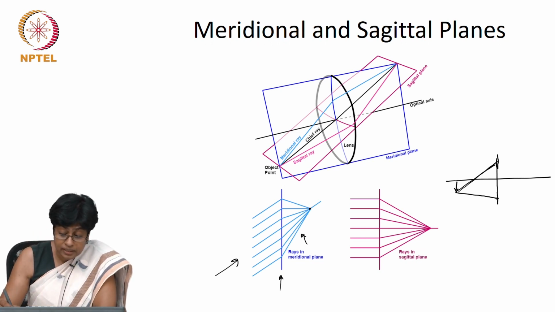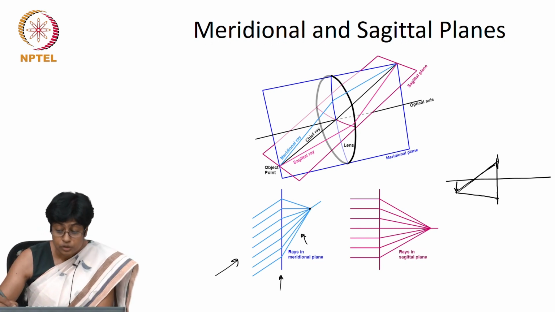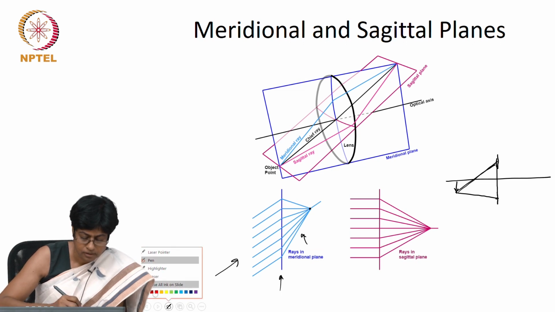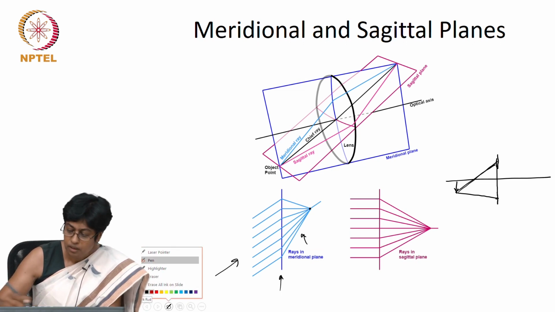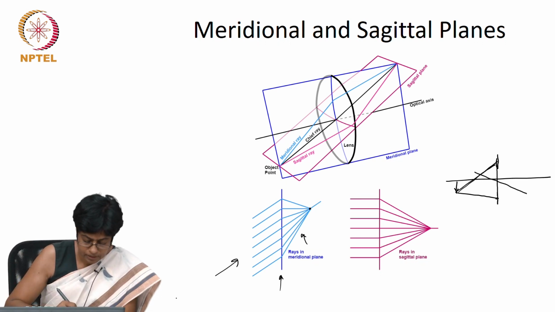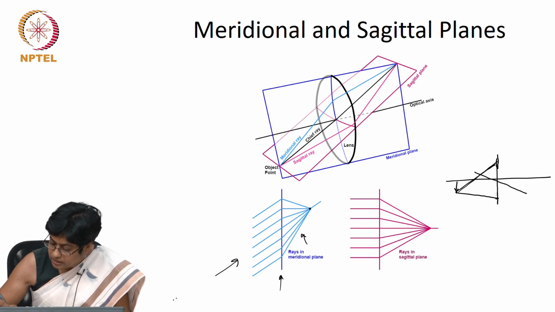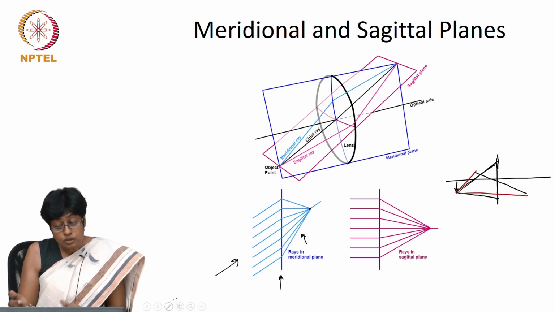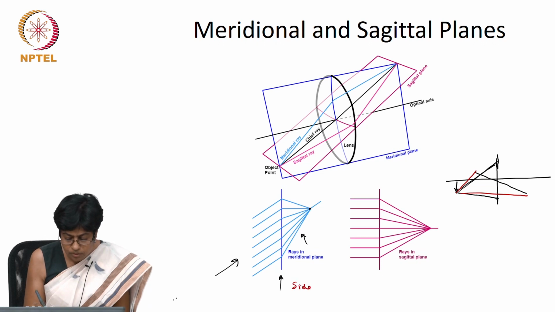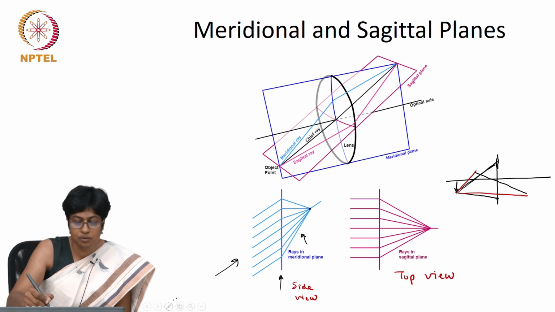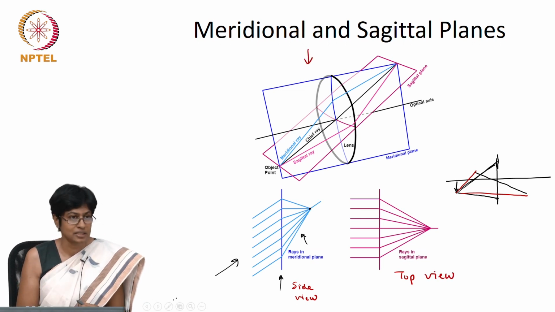From that same point, if I now drew the rays coming to the lens, it's hard to draw this, but I'll try. Let's say I'm now drawing what's happening in the plane perpendicular. These rays are going out sidewards. So this is a side view, and this is now a top view. I'm looking down at the system from here and looking at the sagittal rays.